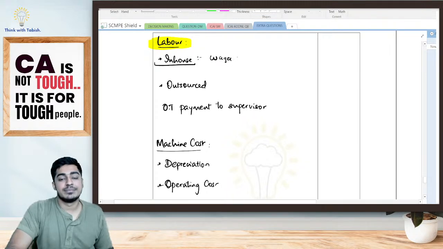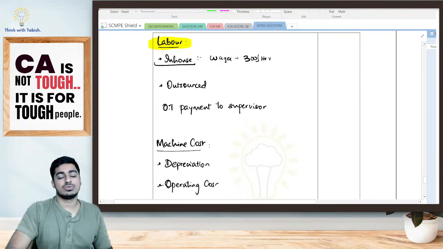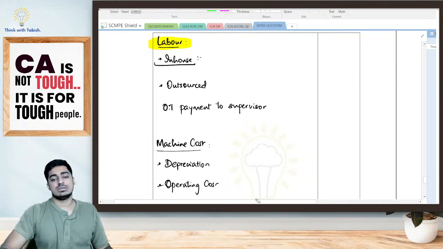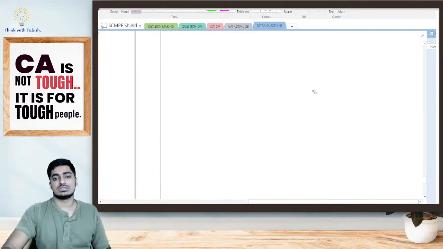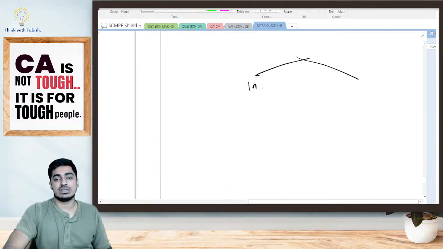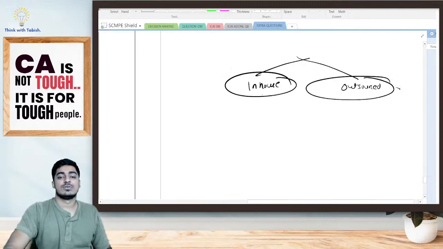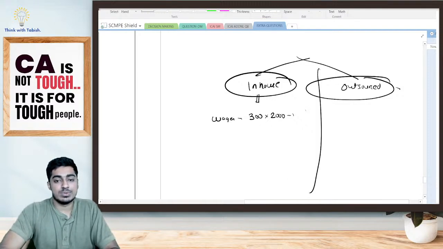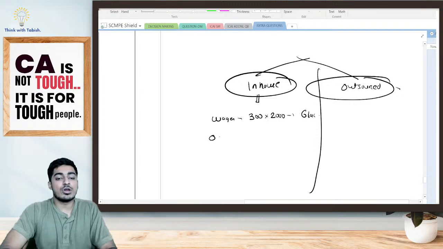I will be paying wages of 300 per hour into 2000 hours. I have to be paying them 6 lakh rupees.